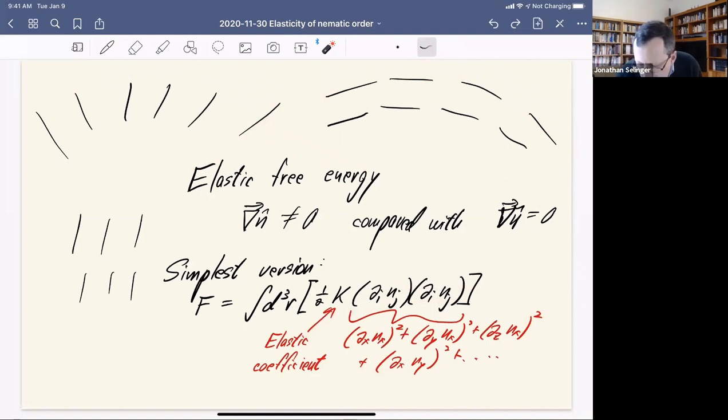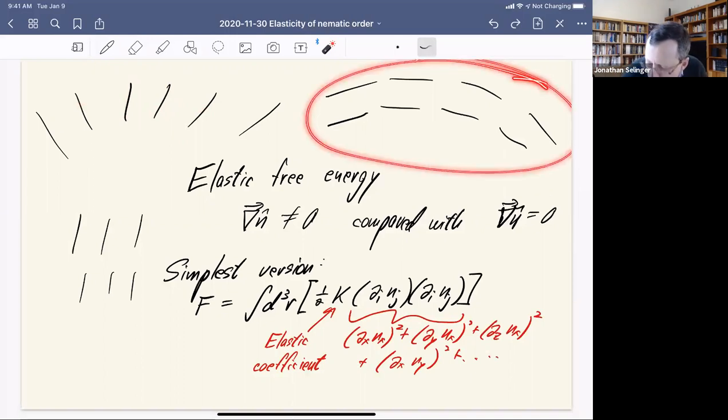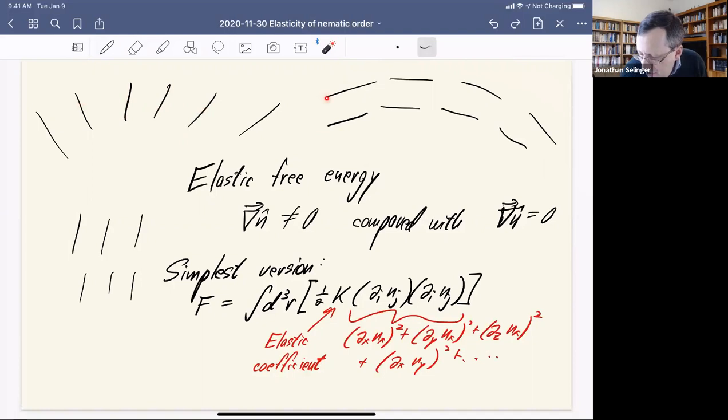The relative orientation of the gradient versus the director itself is different in these two cases. In this case, on the right, as you go along in the director orientation, you get some variation.